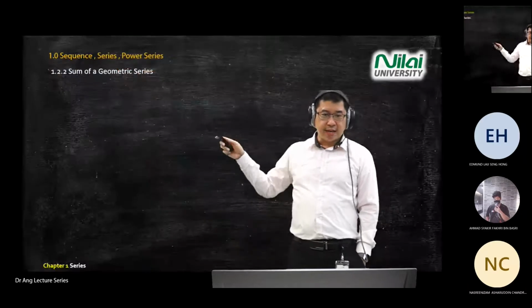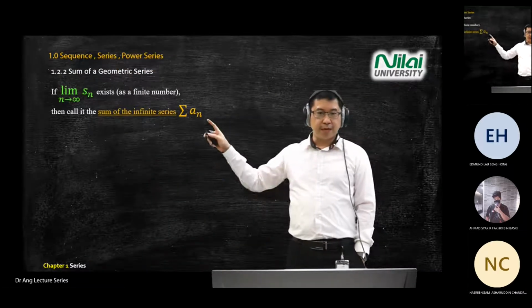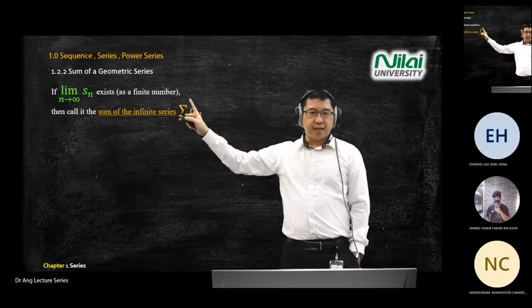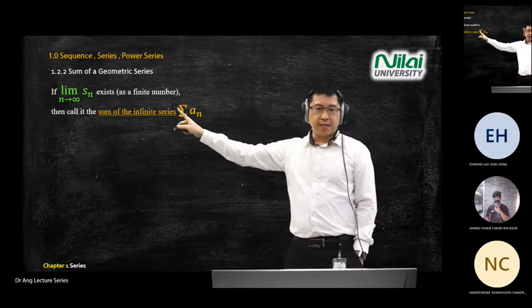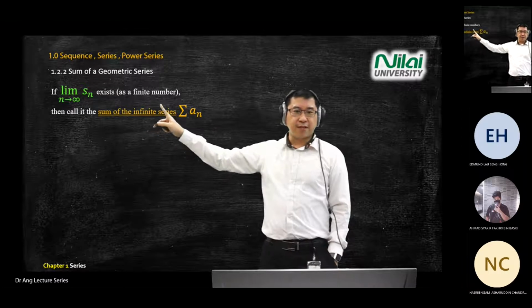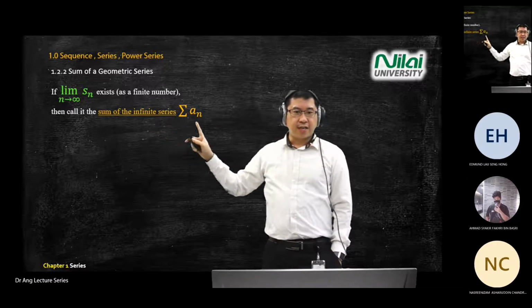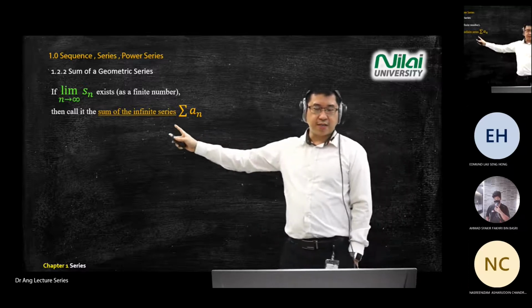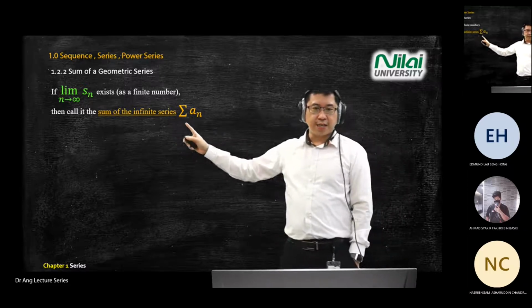Then this statement applies. If the limit of n to infinity of the series exists, then you can call this an infinite series. So you can write something like this.